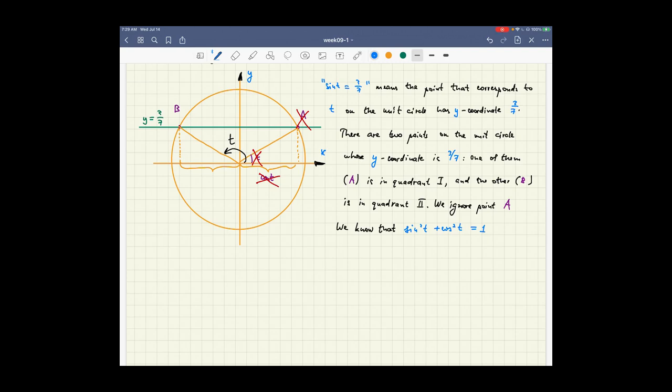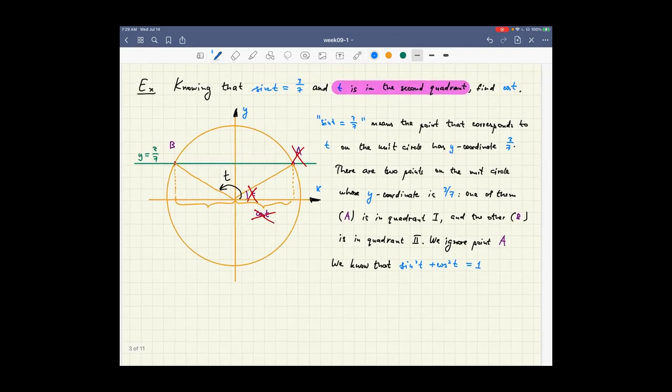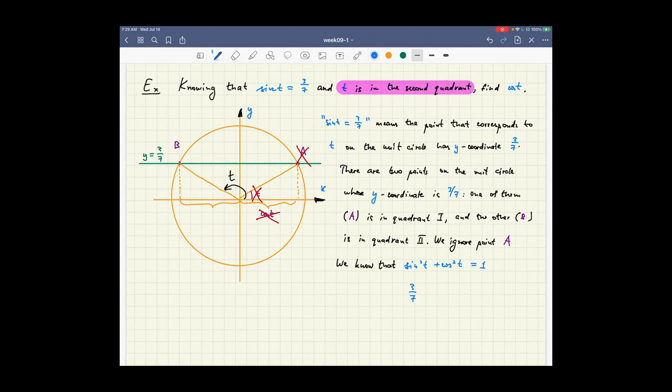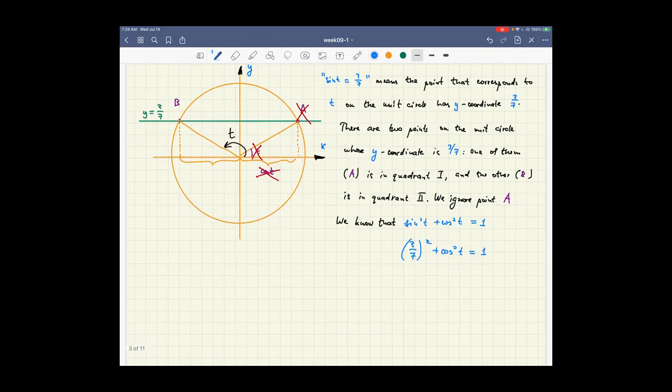And from here it follows that since sine t is 3/7, 3/7 squared plus cosine squared equals 1. 3 over 7 squared is 9 over 49.